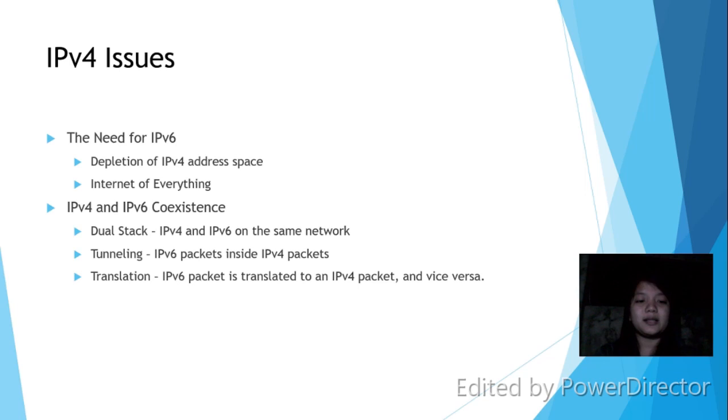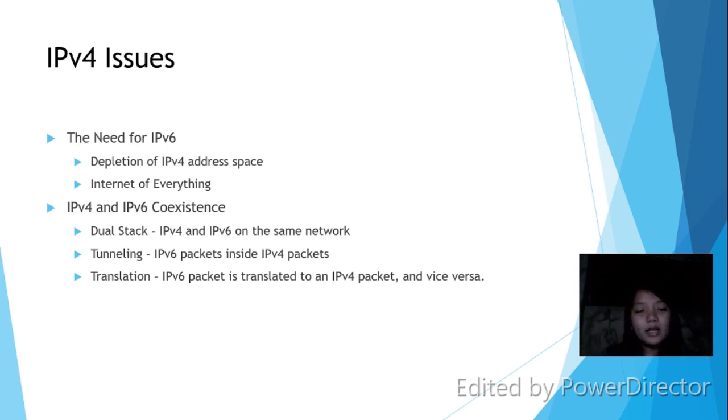IPv4 and IPv6 coexistence. Dual stack: IPv4 and IPv6 on the same network. So the IPv4 and IPv6 are in the same network, that is a dual stack. Tunneling: IPv6 packets inside IPv4. Then translation: an IPv6 packet is translated to an IPv4 packet and vice versa.